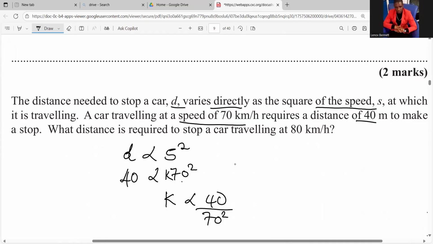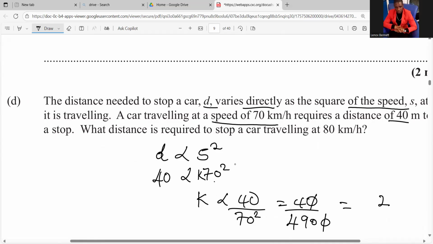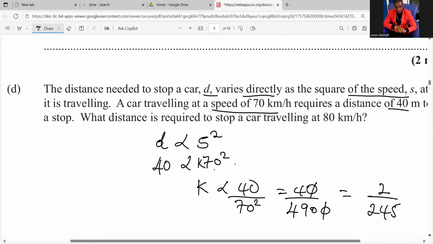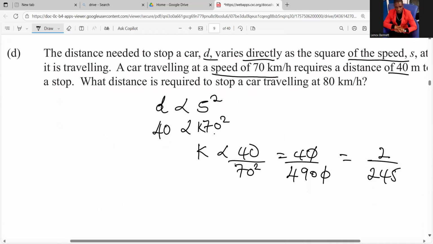So 70 squared is 4,900. 40 over 4,900 equals 2 over 245. I actually never need a calculator if I don't work it down to a decimal.